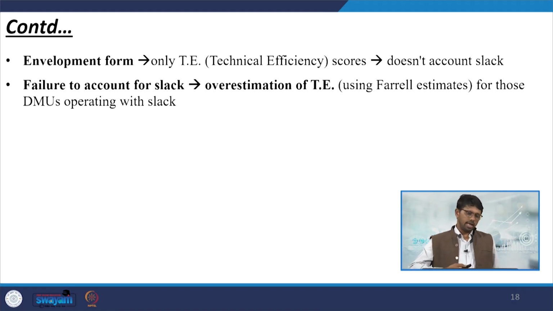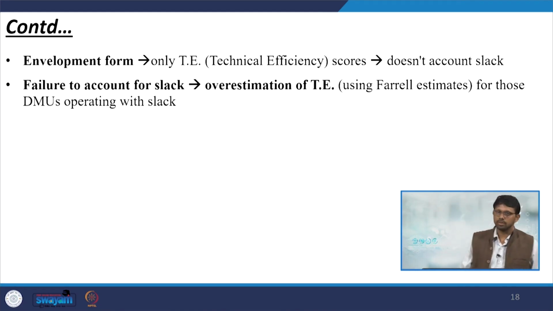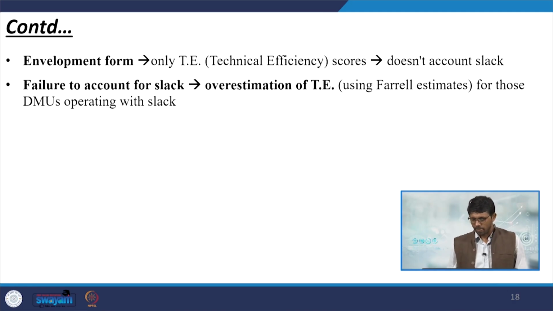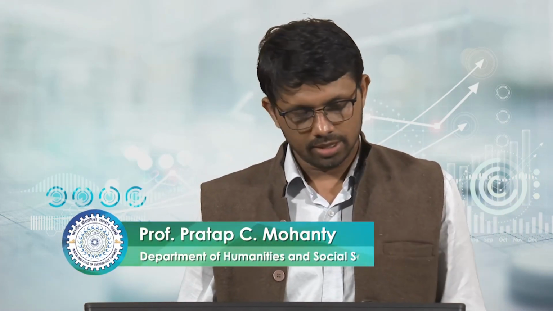So, in the envelopment form, only technical efficiency scores are discussed. We have already discussed earlier what allocative efficiency and technical efficiency are. Here in the envelopment form, we are emphasizing the technical efficiency aspects. This does not account for the slacks in the basic form of envelopment analysis.